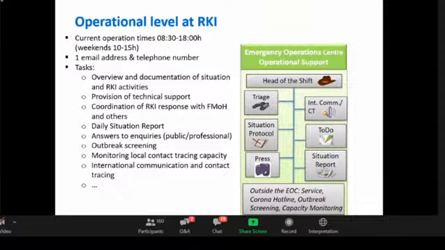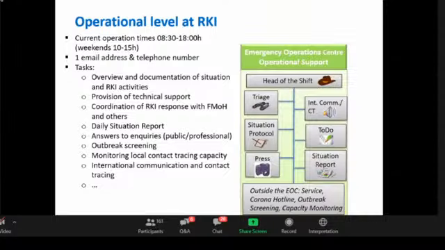We have one position outside the EOC, which is responsible for outbreak screening. So we screen the media for more information on high incidents in special cities, for example. And then we've got one position for monitoring the local contact tracing capacities. So they ask the health authorities whether they still have enough people for the contact tracing, or whether they have a shortage or a shortage in the future.